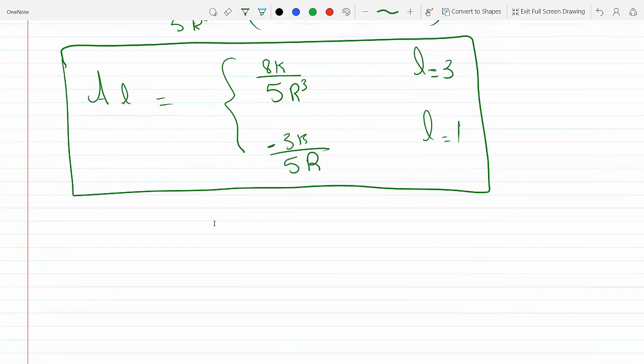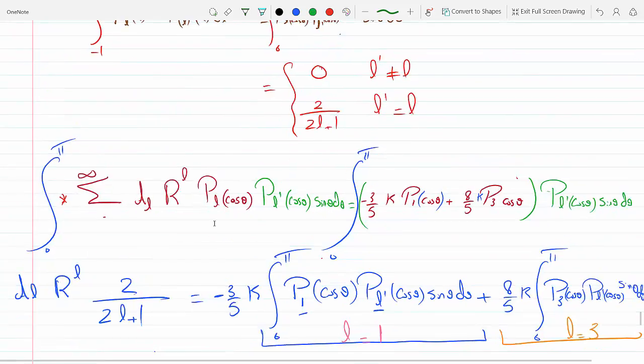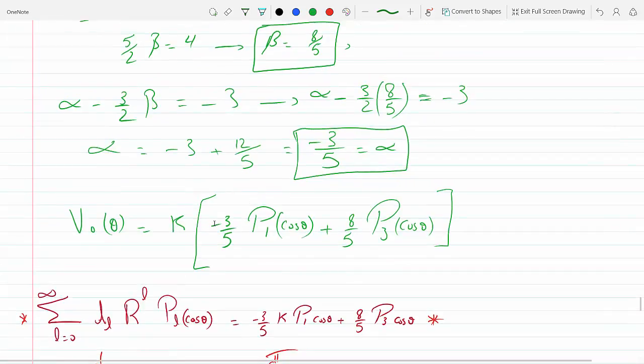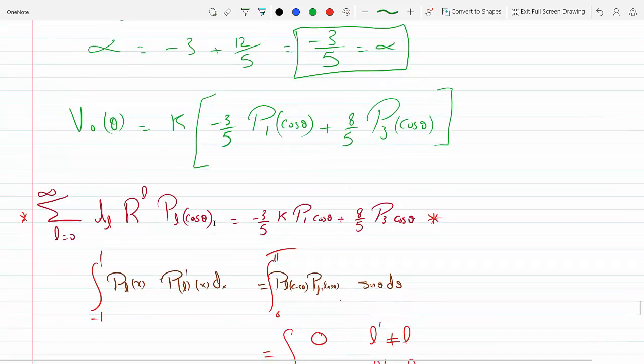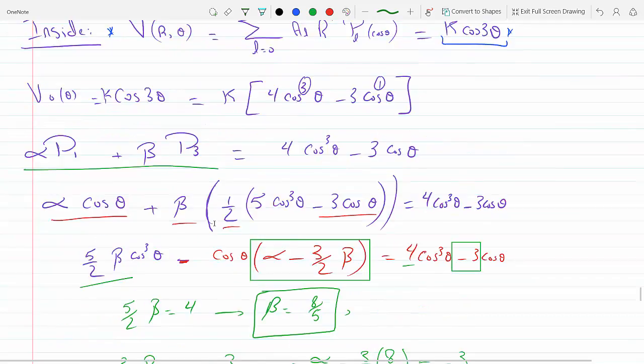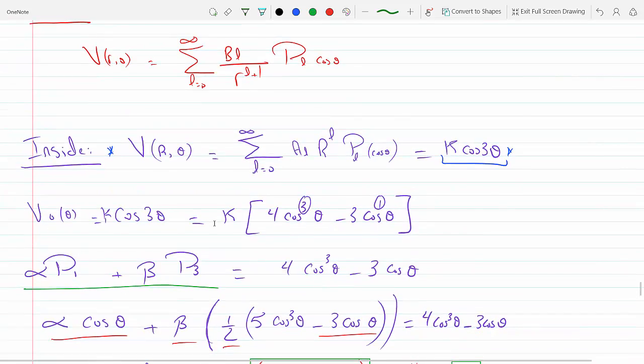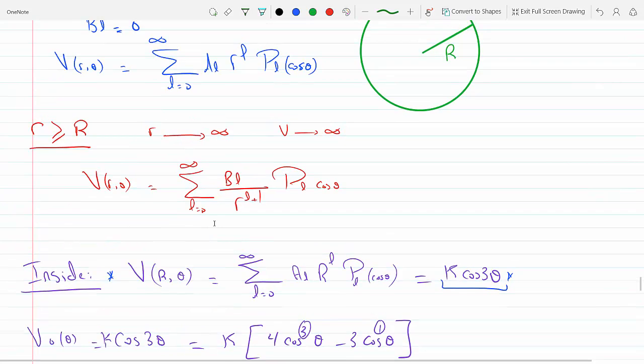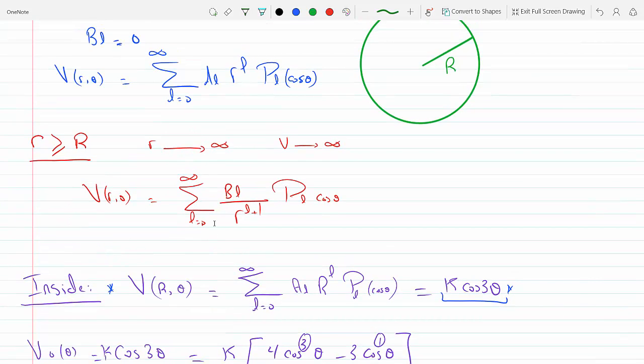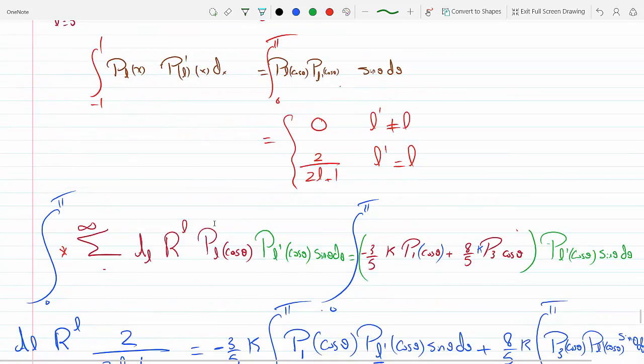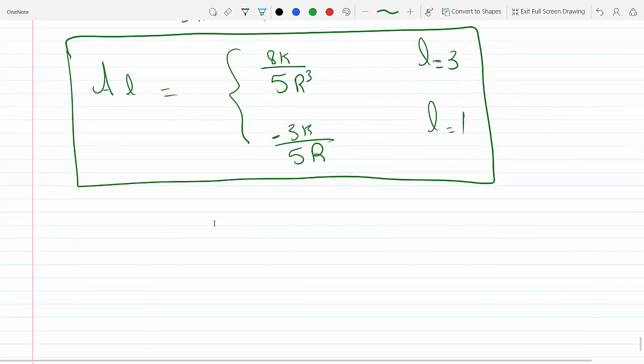So now I can take those and I can plug them back into my V, because notice that this is the only thing that was missing for me to solve for my potential. My potential was AL RL PL cosine theta for inside the sphere. So now I can plug them back in. And if I plug them back in there, what do I get?